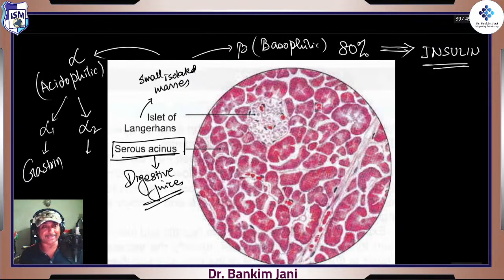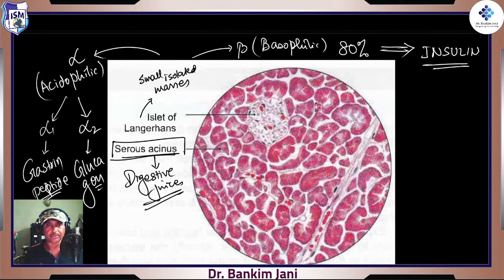You remember this peptide hormone, which is very much interested in the release of hydrochloric acid, HCl secretion. And alpha 2 is that counter of insulin, glucagon. So that's how they both are distributed.